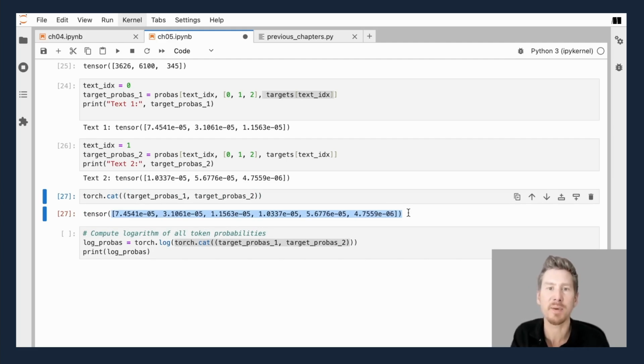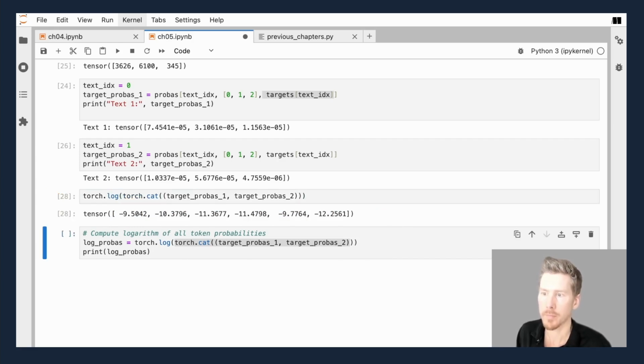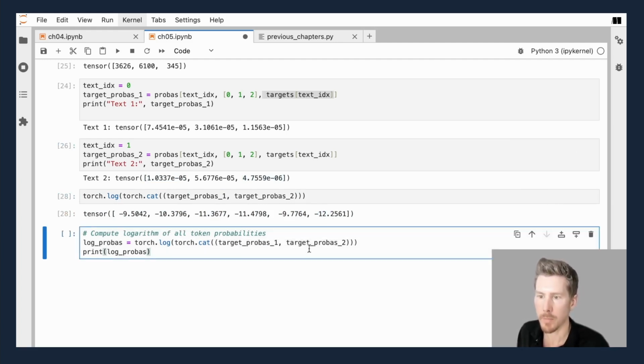So we're just combining it into one tensor, and then we apply the log. So we turn this from very small values into these negative values. The smaller the value, the higher the negative number is.